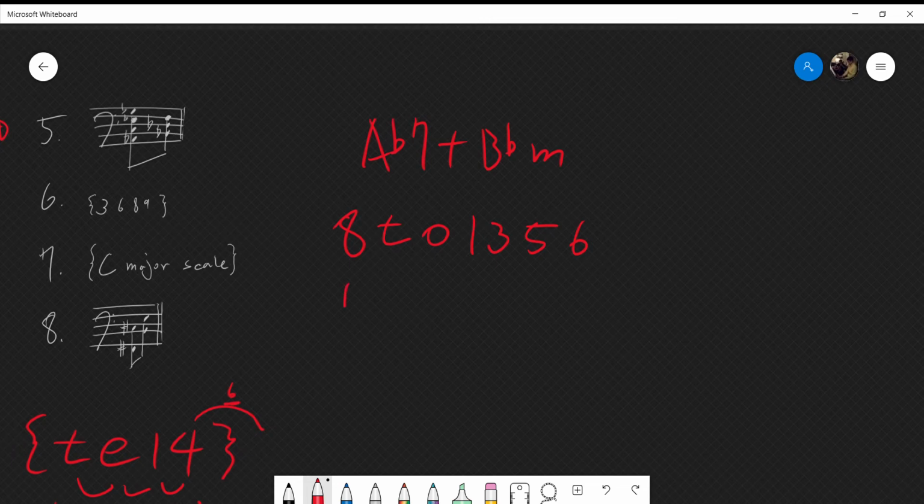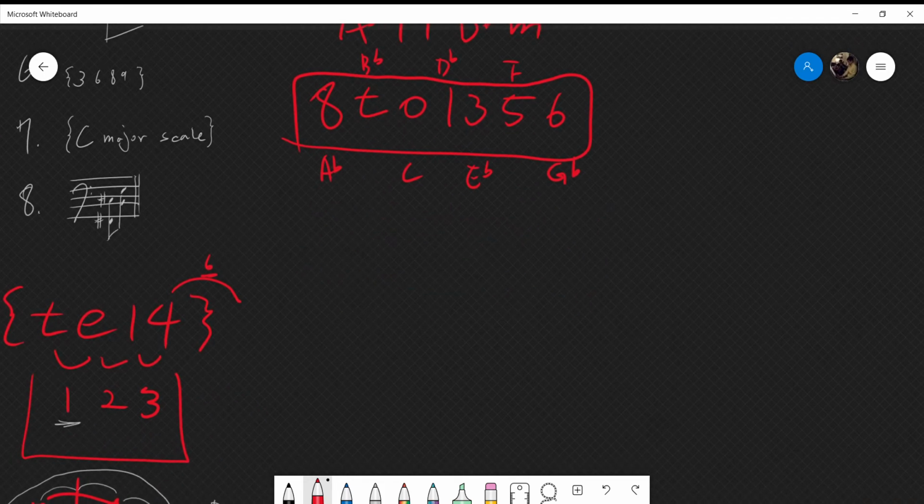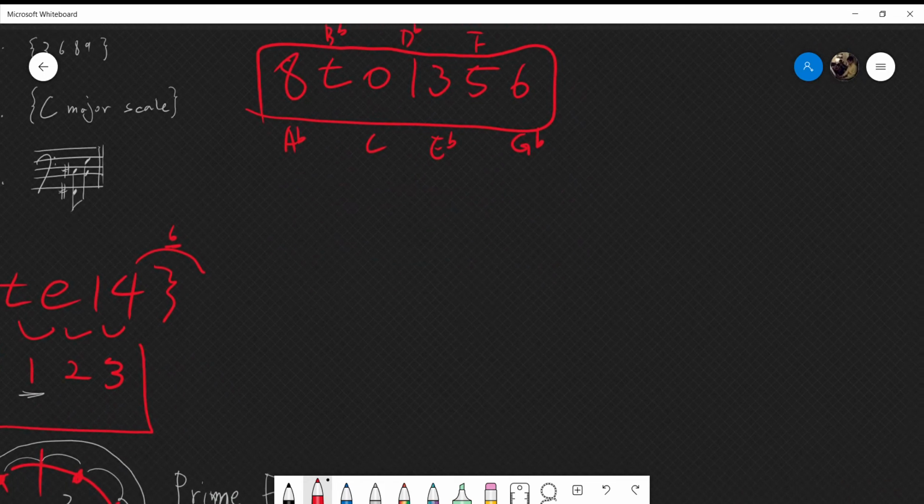We have A flat, C, E flat, G flat, and B flat, D flat, F, right? So these are the notes. And we need to figure out whether this is in normal form or not. How would you do that? We need to first plot it on the clock face.